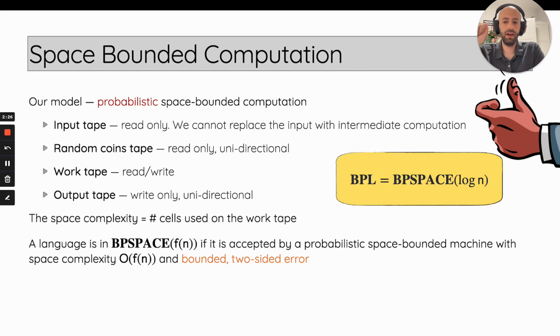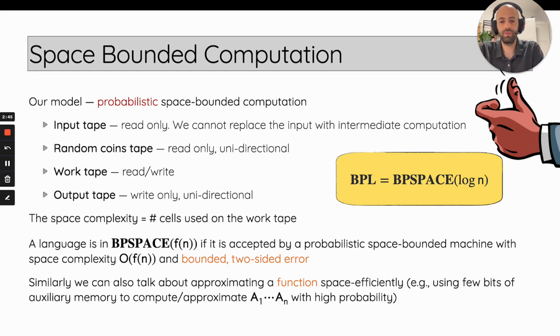And if we're interested in deciding languages, we say that the language is in BP space f of n if it's accepted by a probabilistic space-bounded machine with space complexity O of f of n, and we allow bounded two-sided error, let's say of a third.